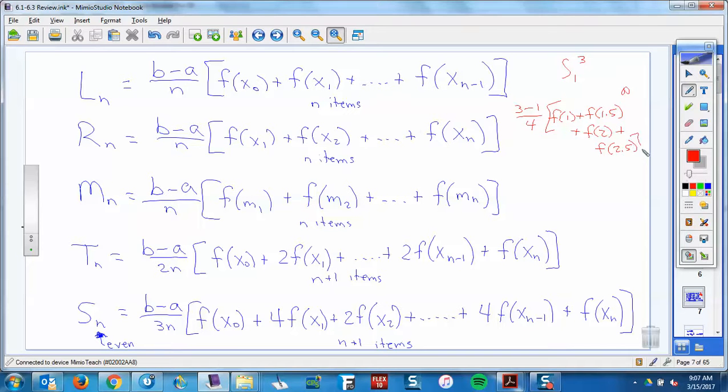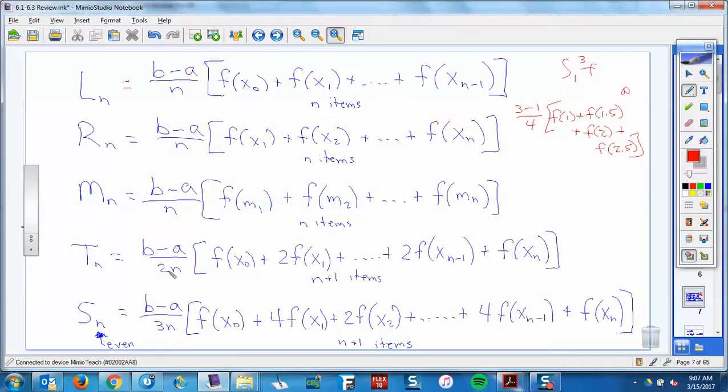You're going to stop short of the right edge, and you can write that out, and then whatever your function happens to be, you can plug those in, and there you go, right? That's one way you can do it left. But if you want to say f of 1 times 0.5, f of 1.5 times 0.5, f of 2 times 0.5, and f of 2.5 times 0.5, whatever, I don't care.